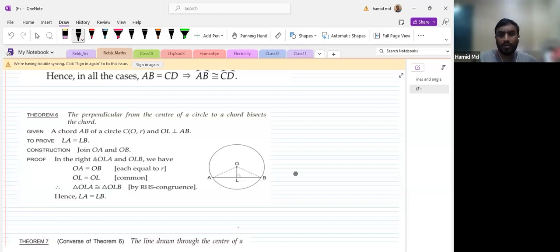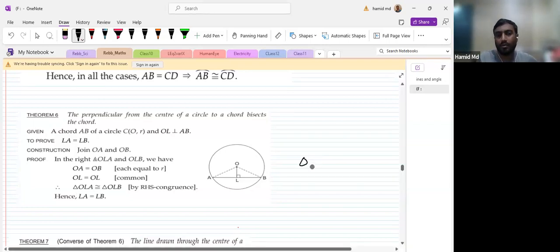One more thing I would like to tell you. We wrote it like that, triangle OLA is congruent to triangle OLB. So we have taken that LA is equal to LB.